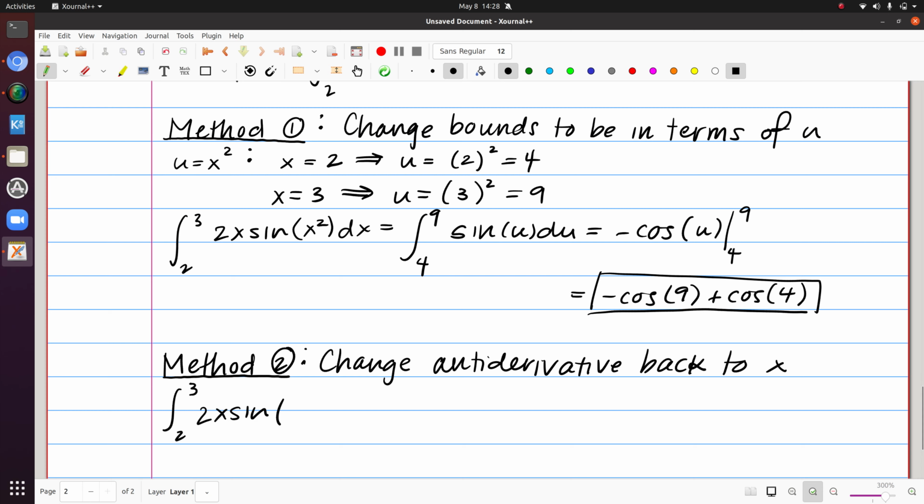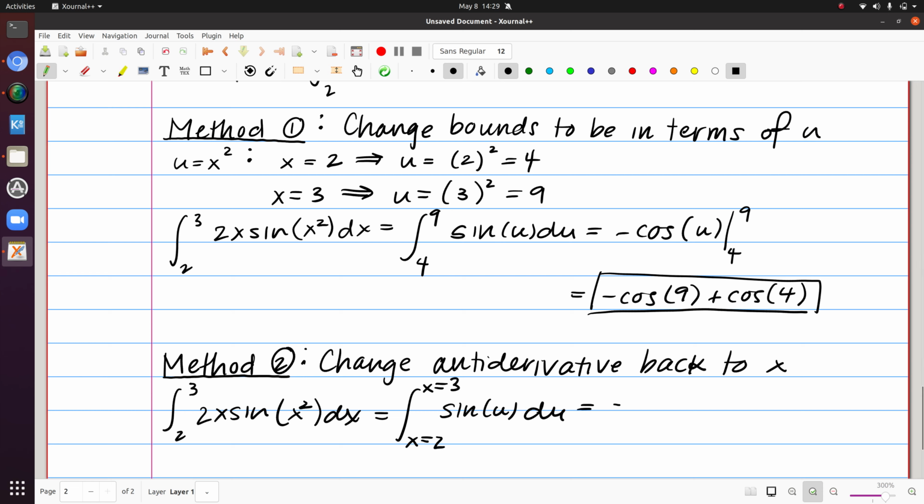If I don't change my bounds to reflect the new variable, well, first of all, I should be very clear about that. Typically, if you're writing numbers on the integral here, the assumption is going to be that they correspond to the integration variable, which would be u. So I can indicate, and it's almost a reminder to yourself as well, that these numbers I'm putting here correspond to the original variable.